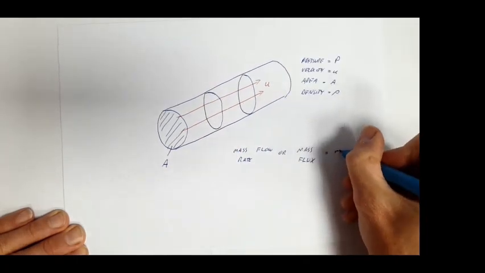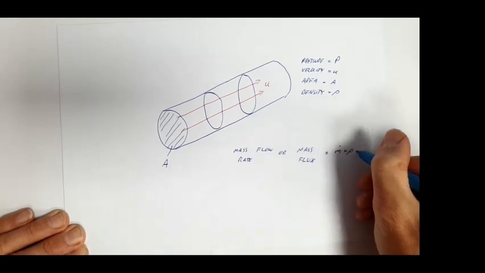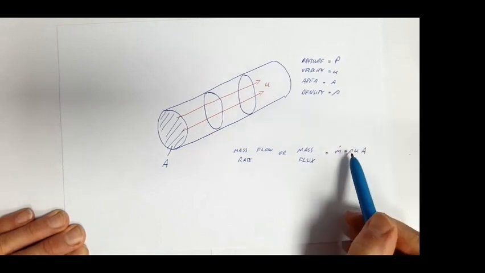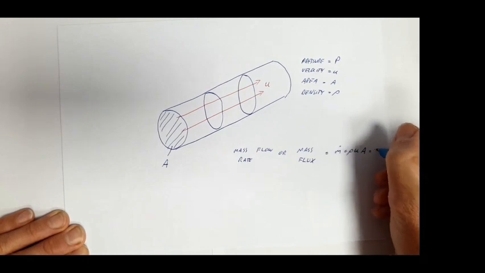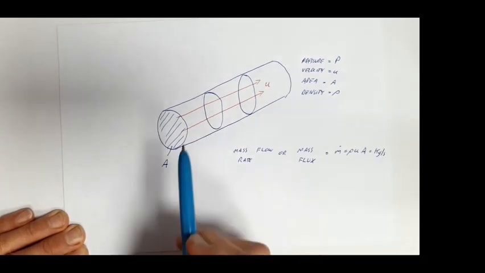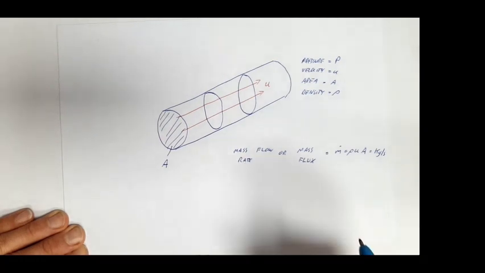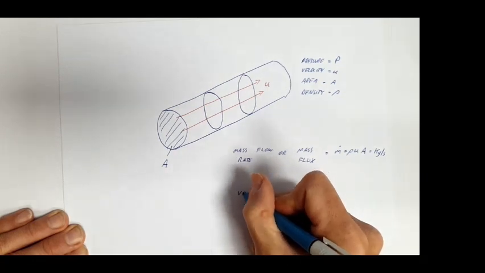Okay, so mass flow rate, given that symbol there, equals rho u A. Okay, it's simply the density times by the velocity times by the area, and the units would be kilograms per second. It's the amount of mass moving past a certain point at a certain amount of time. So that's our mass flow rate. We'd also need to consider, we also talk about our volumetric flow rate.